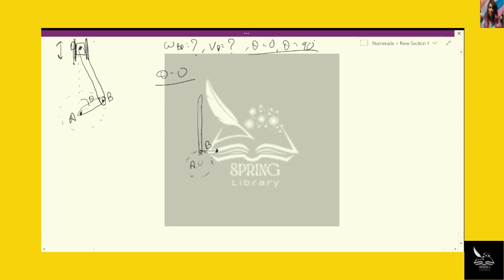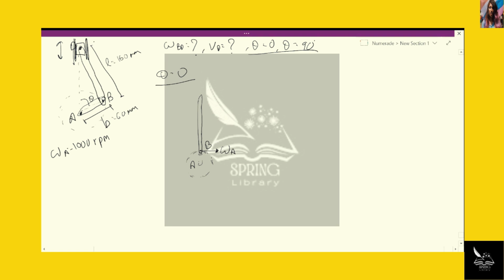So this will be omega A times the length of rod AB. B is the length of rod AB, L is the length of rod BD. L is 160 millimeters, B is 60 millimeters, and omega A is 1000 rotations per minute.